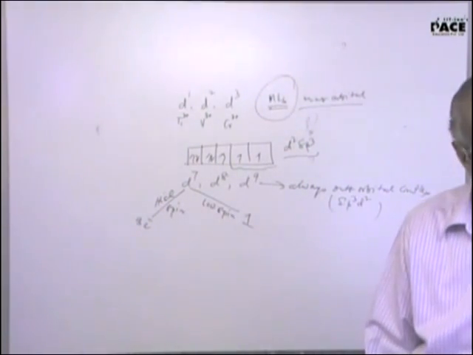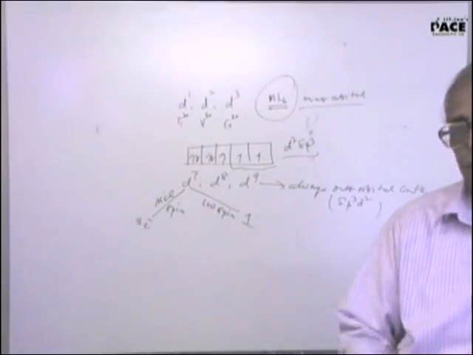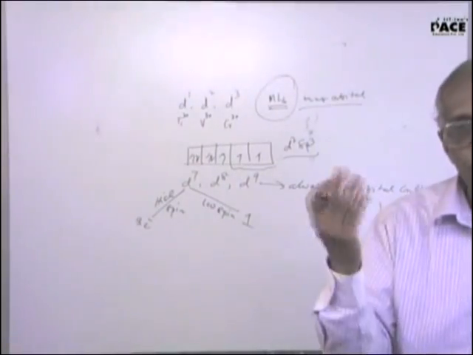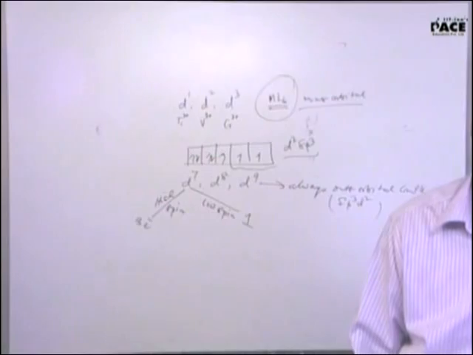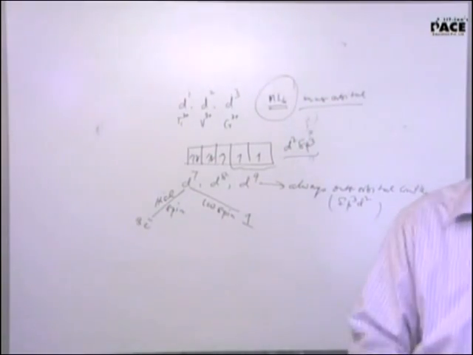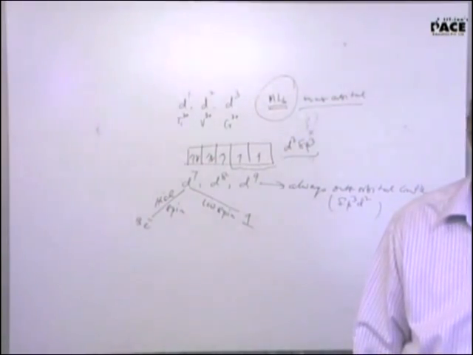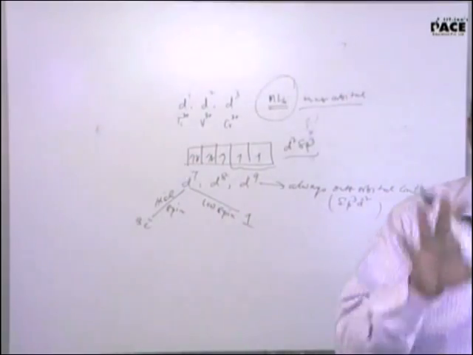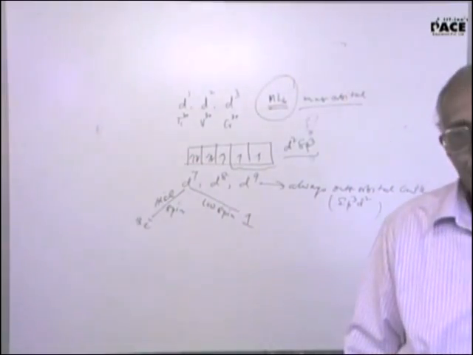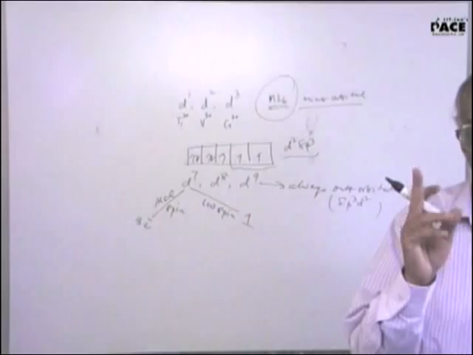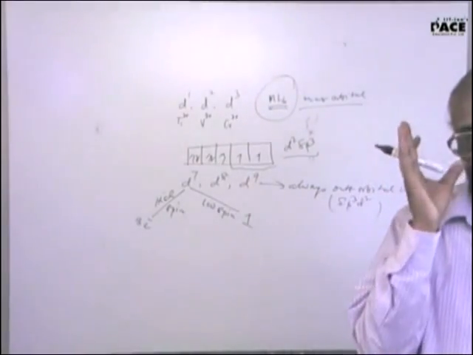In D9 there is no question of high spin or low spin, there will be 1 unpaired electron, because you have 5 orbitals, 9 electrons. When you have 5 orbitals, you draw 5 boxes and put 9 electrons. Will there be 1 unpaired electron or not?